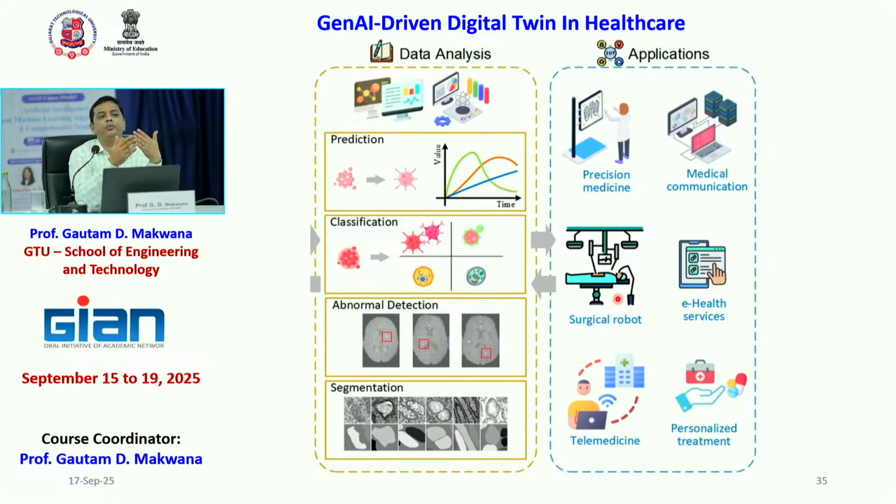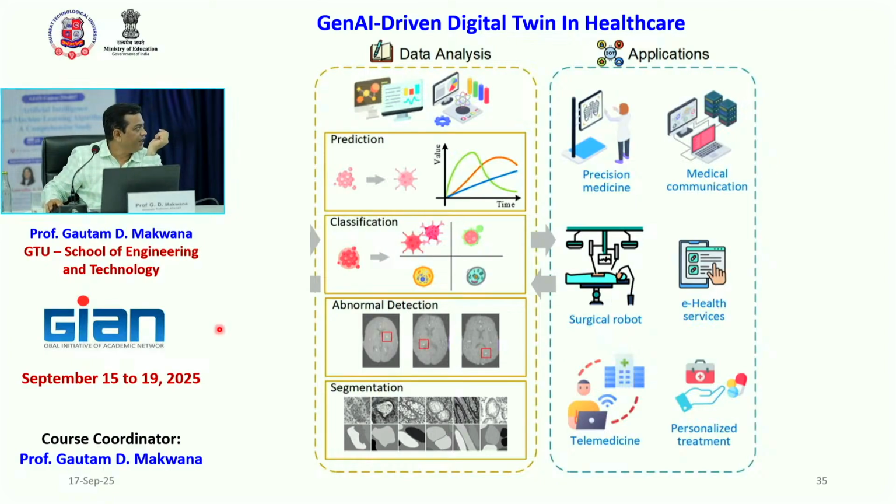Sometimes the patient's condition looks okay, normal, before the operation, but at the start or midway of the surgery, the condition of the patient becomes critical. So how the robot can handle that is possible with the help of generative AI and making digital twins of the surgical robot.